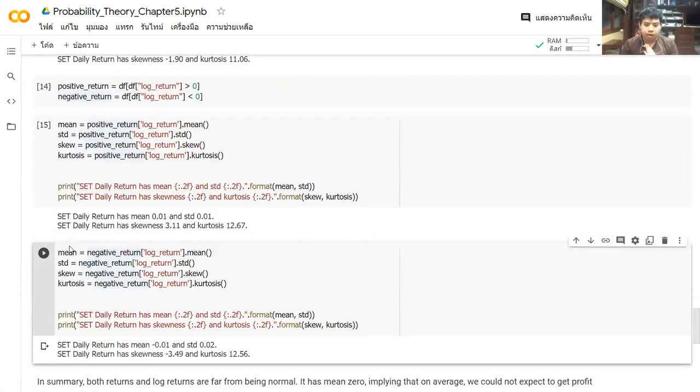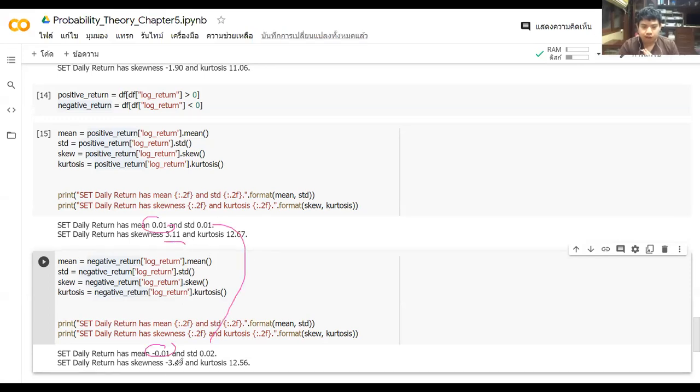Look at this number, 0.01, very similar. Looking at the graph, you can say there is a very slight difference between the positive one and the negative one, but not that much.